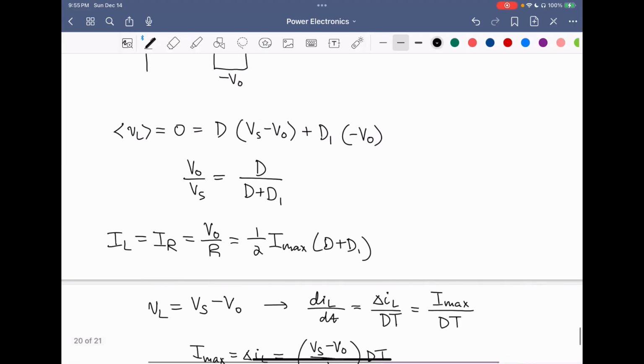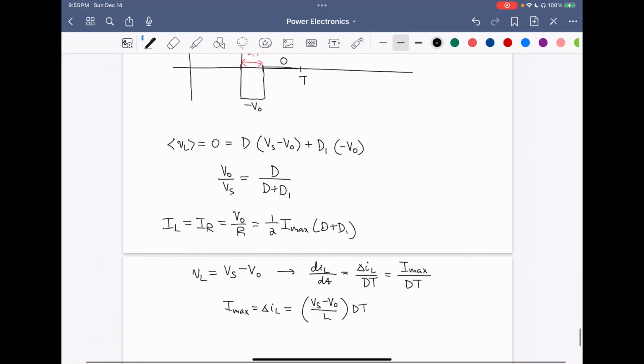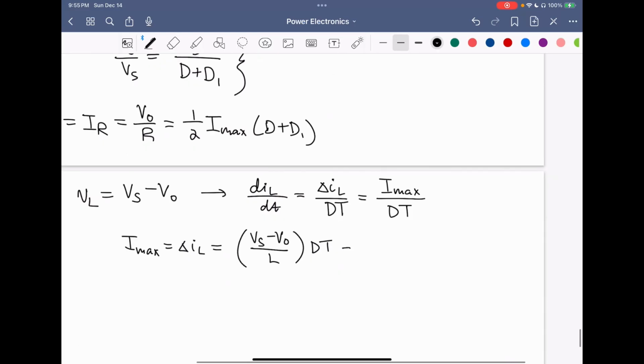And if we substitute in for Vs from this equation here, we'll find that this expression equals Vo times d1t over L. So this is the expression for I max.